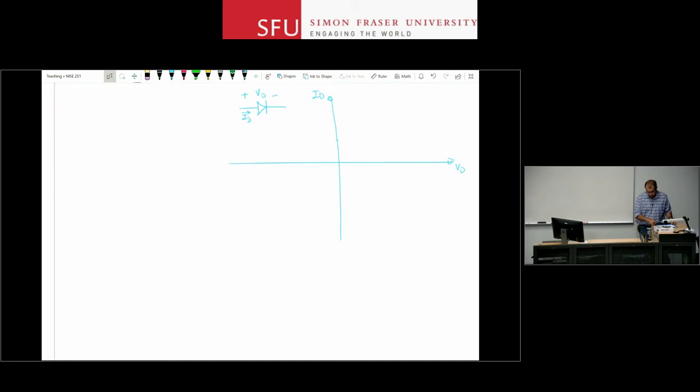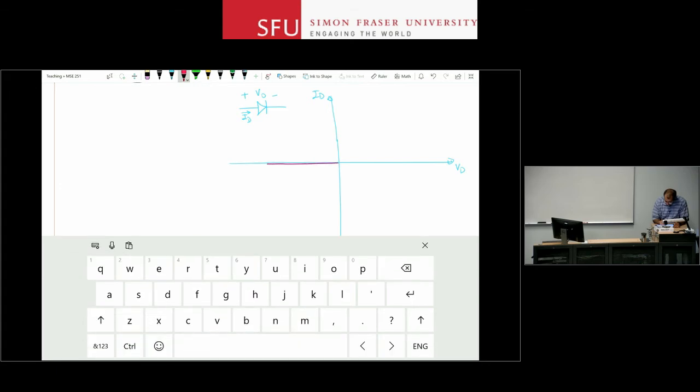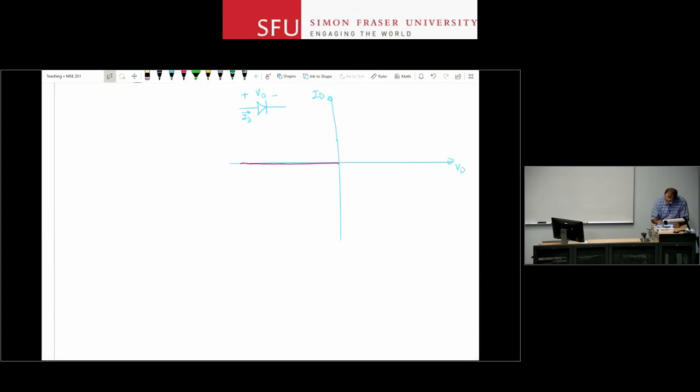So if you look at the ID-VD characteristic curve for a PN junction diode, we saw that for all the negative voltages, we basically cannot measure anything. But for all the positive voltages, initially the currents are still very small. Remember that IS is so small that when multiplied by e to the 2 or e to the 3, nothing much happens.